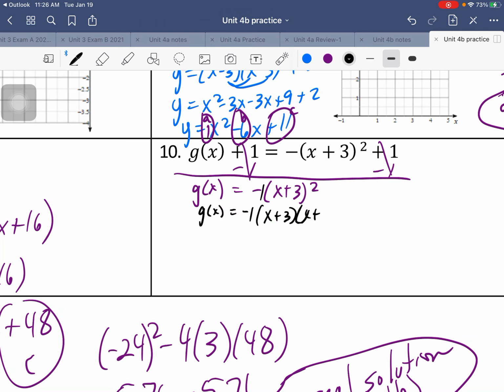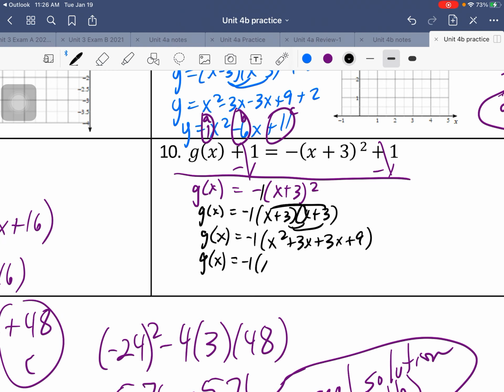X plus 3 times x plus 3. When you multiply that out, you get x squared plus 3x plus 3x plus 9. Gather your like terms before you multiply the negative 1 in. You don't have to. You can absolutely multiply the negative 1 in right away.